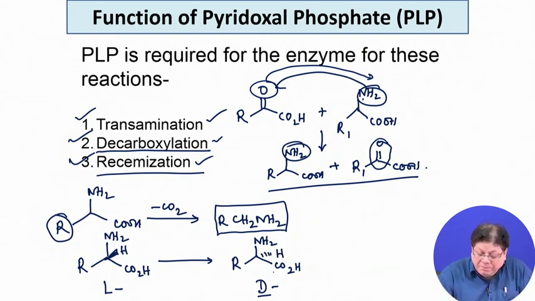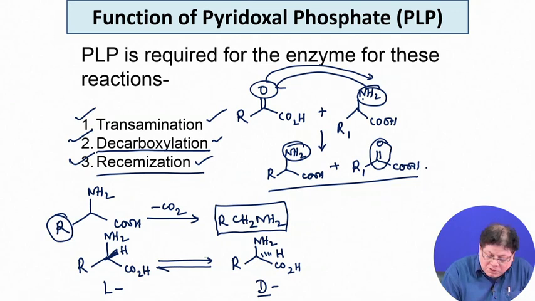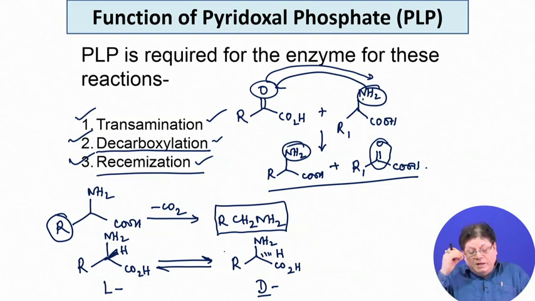Now, this transformation is very important. This is a reversible reaction, of course, because racemization is always reversible. Usually if you do it chemically, then you will get a 50-50 mixture, but if you are doing it enzymatically, then because the enzymes are chiral, one form may predominate over the other. Okay.